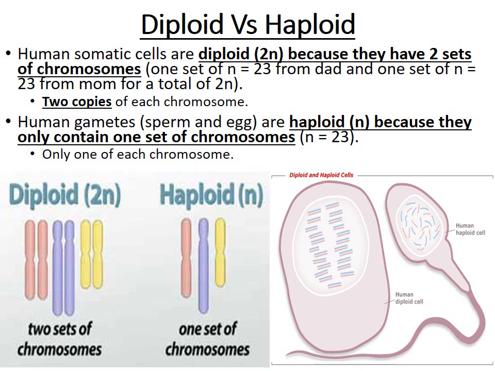So another important term you need to know is the term diploid and also the term haploid. Somatic cells are called diploid, and we represent diploid with the letter 2N. The reason they're called diploid is because they have two sets of chromosomes. One set came from dad, so we call that N. That's the one set from dad, 23.